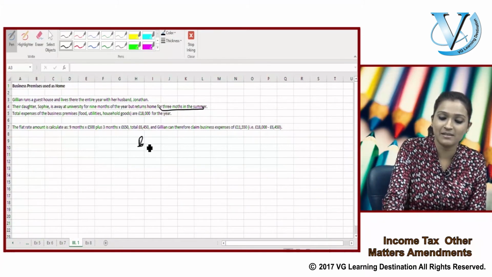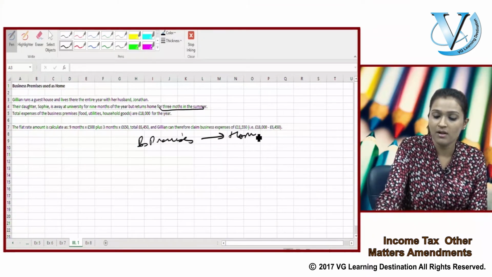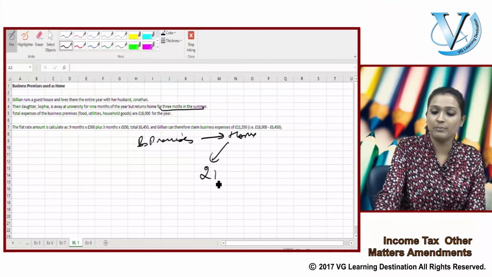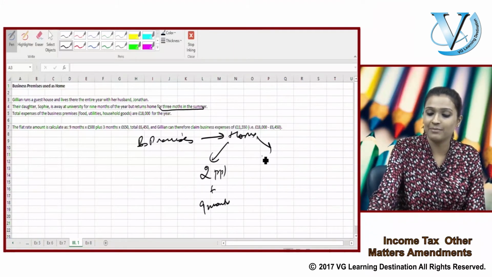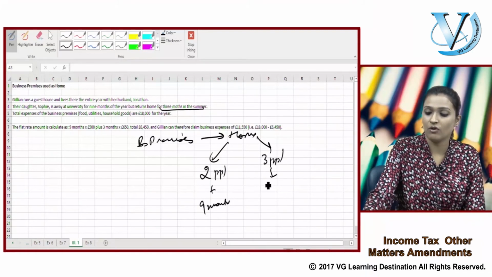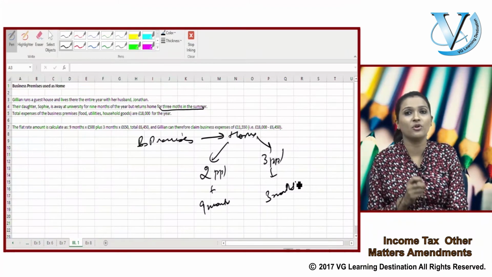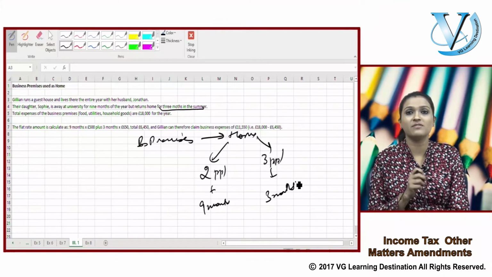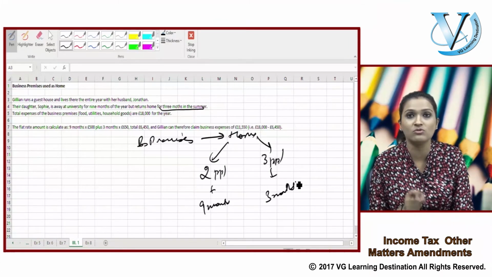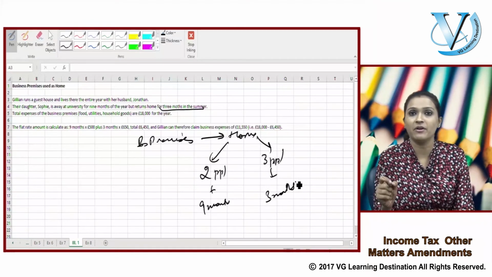So basically there's a business premises being used as home by 2 people for 9 months and by 3 people for 3 months. So very simply, you're going to claim the flat rate of expenses for the private use of the business premises as home. For 2 people it is £500 per month.